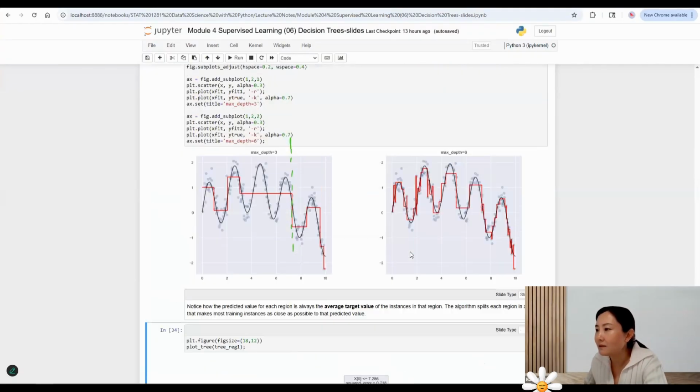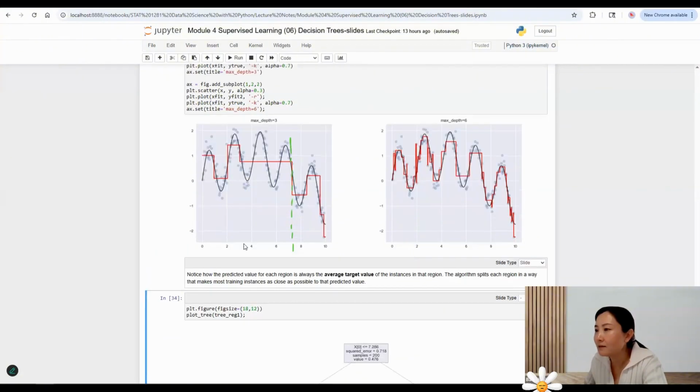So let's take a look at here, 2 point something. So the second split happened here. Left, right. Okay. And then continue, go on.